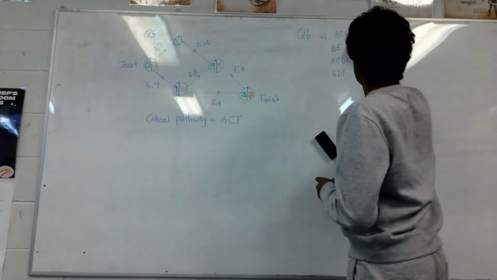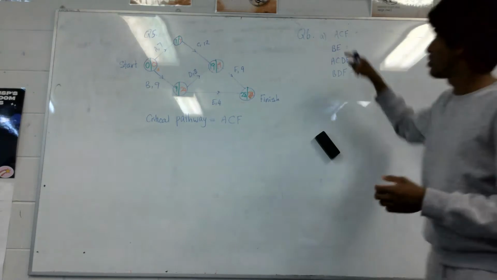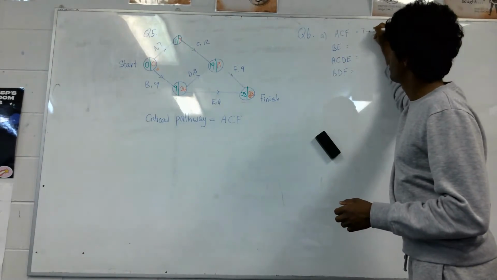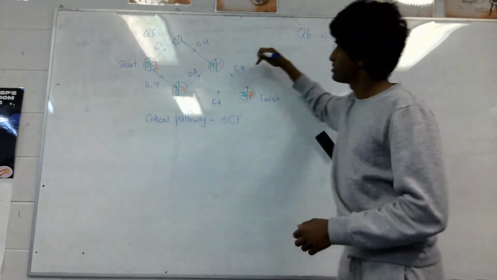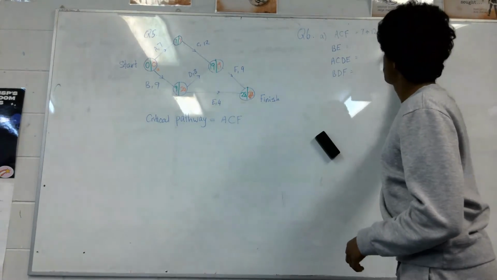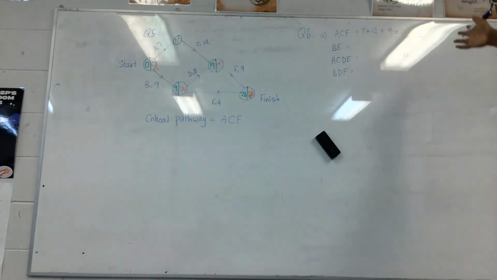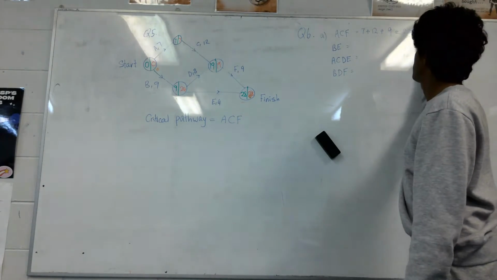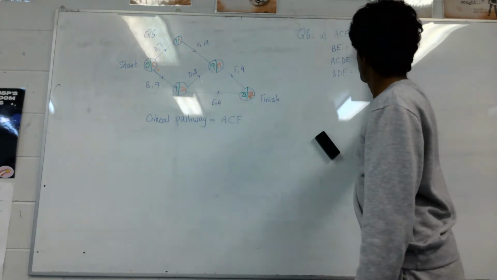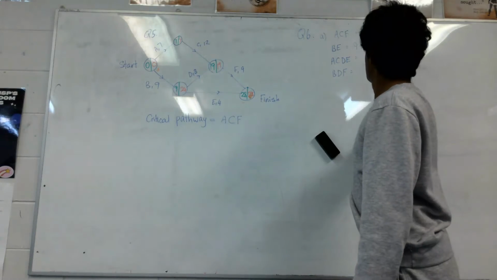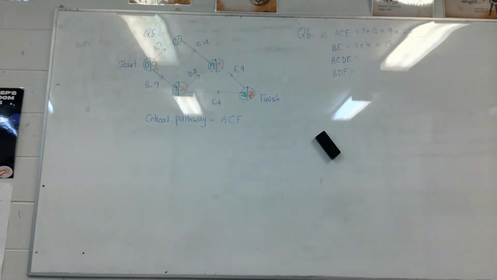So now I just take their weightings. So ACF is 7 plus 12 plus 9, which is 19 plus 9 is 28. And then BE is going to be 9 plus 4, which is 13. This pen is crap, so I'm going to change colors.